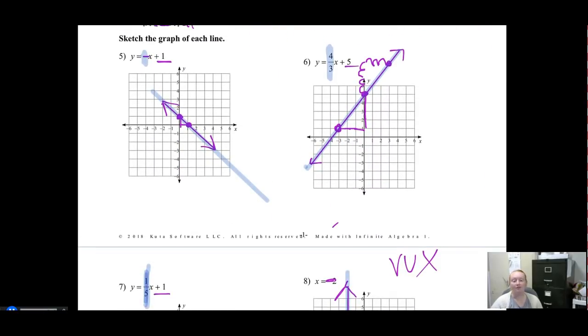We sketched the graph of each of these lines. I now need you to write y-intercept equals and slope equals. I want to know that you can identify these without having to watch this video over again.